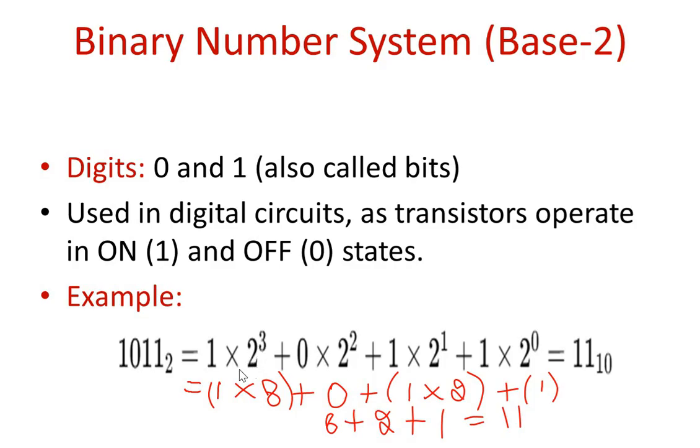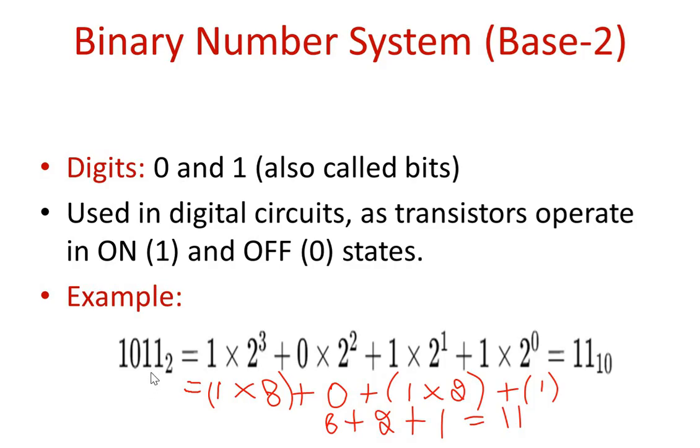We can multiply each digit with its corresponding power of 2. So here 1 is in ones place, so we are multiplying 1 with 2 power 0, which is 1. Then the next bit is 1 into 2 power 1.